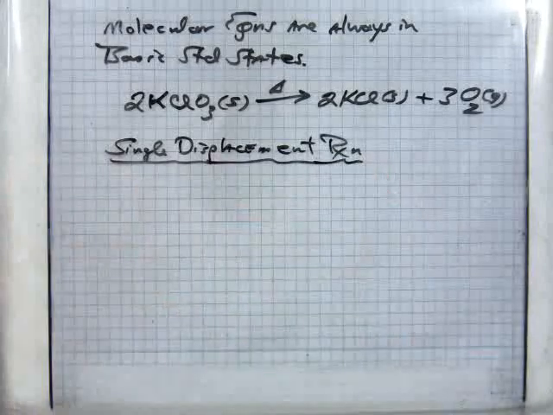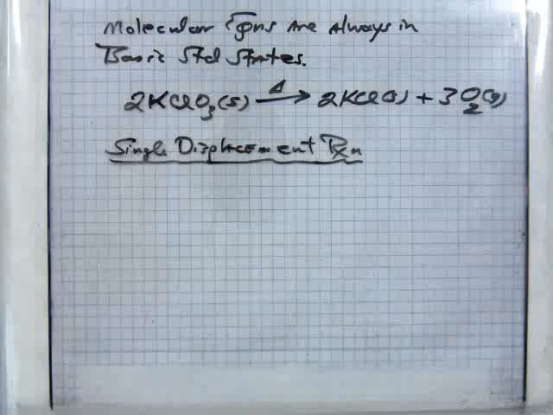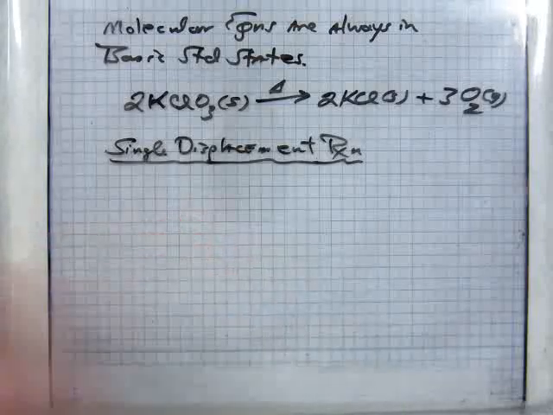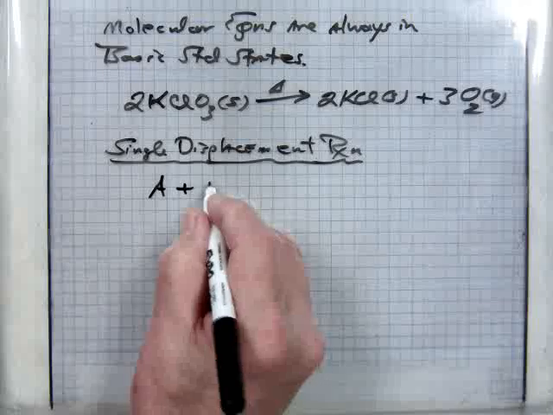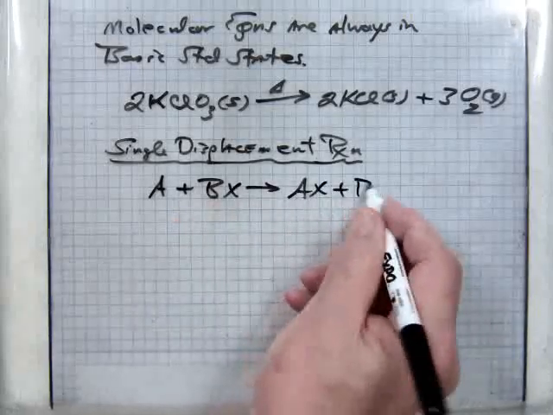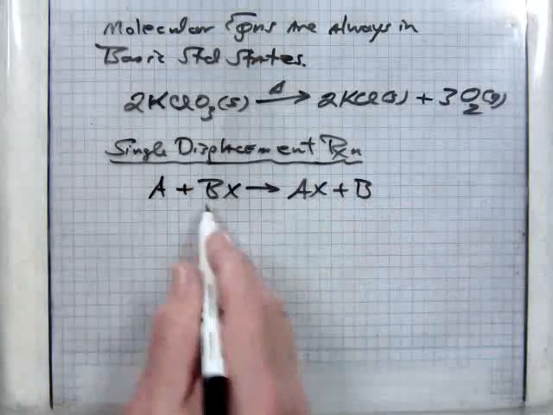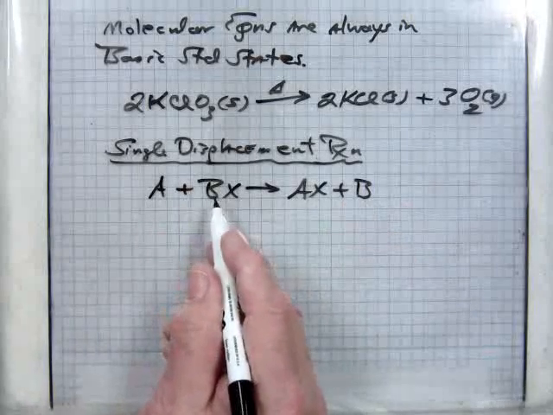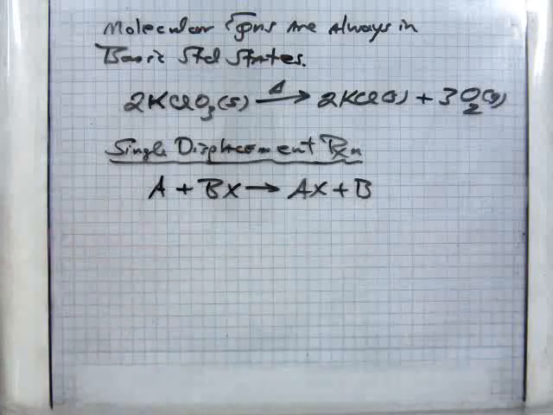And what this does is it replaces a less active substance in a compound with an active metal or an active substance, and has an empirical formula: A plus BX goes to AX plus B. And so A would prefer to hook up with X more so than B, and we'll learn about those bonding preferences as we get into chapters 9 and 10 in the near future.